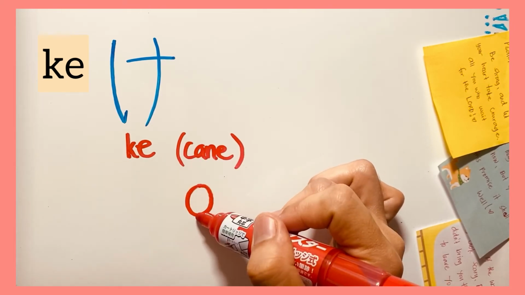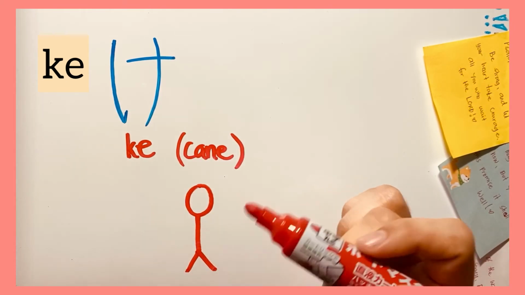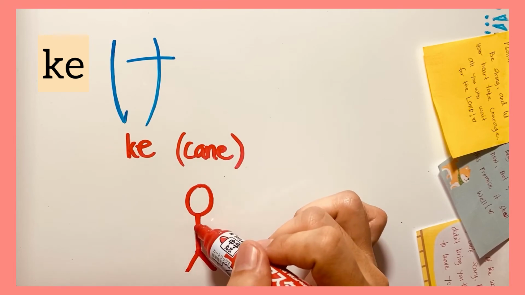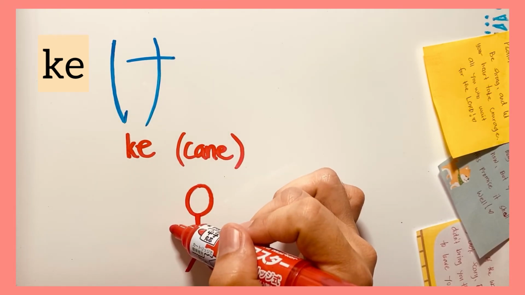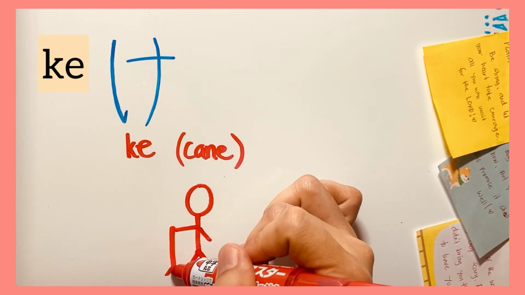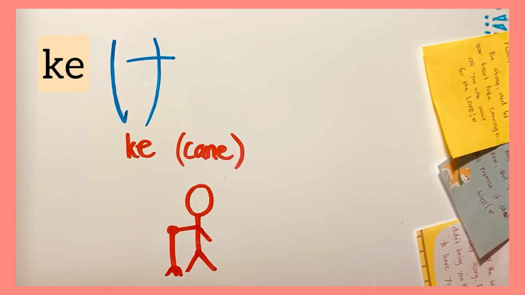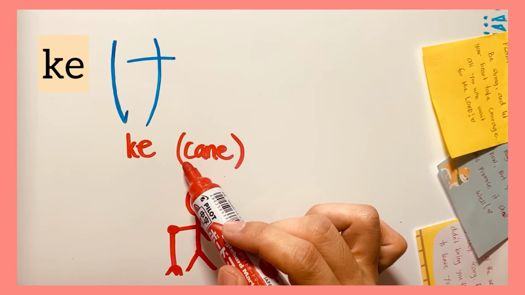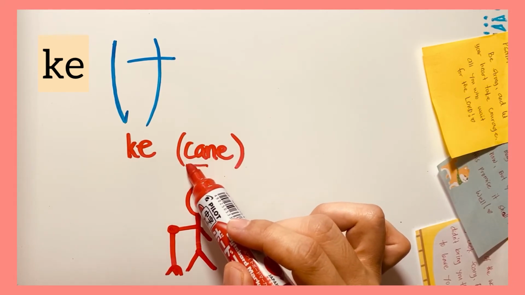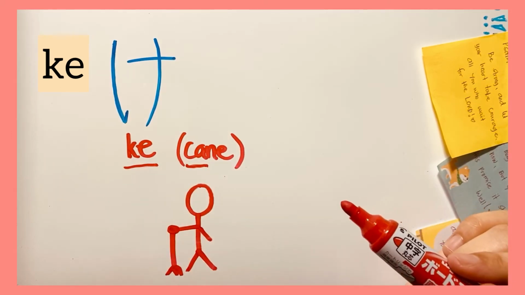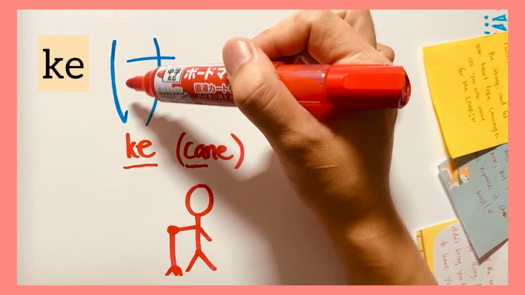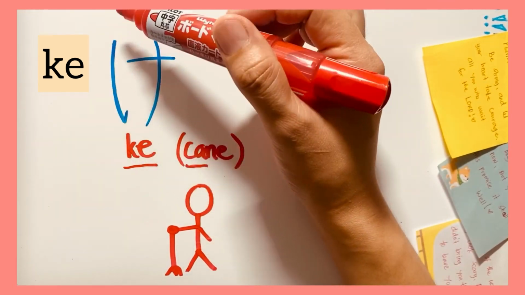Imagine this is a man. Okay, there's a man right here holding a cane. This is a cane. Can you imagine a man holding a cane? Cane. Ke. So just imagine a man holding a cane.